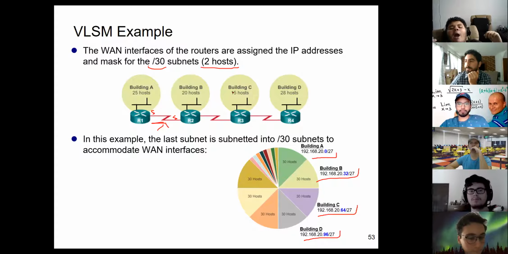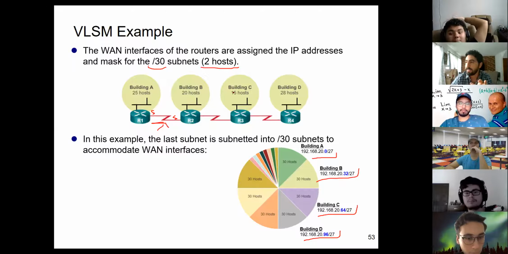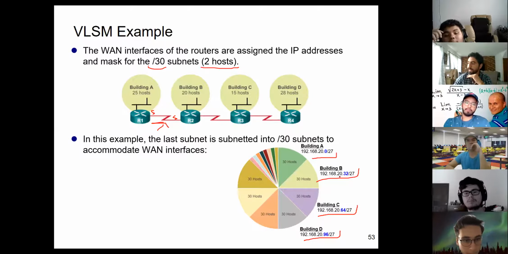Remember, you cannot have 16. If you have 2 to the power of 4 minus 2, you get 14 hosts. So even for the 15, you have to go with this subnet mask. For building 3, also the same. So basically, this perfectly satisfies these 4 conditions for your buildings.